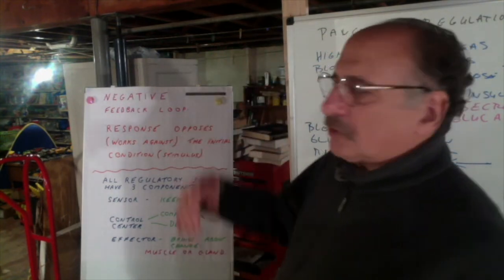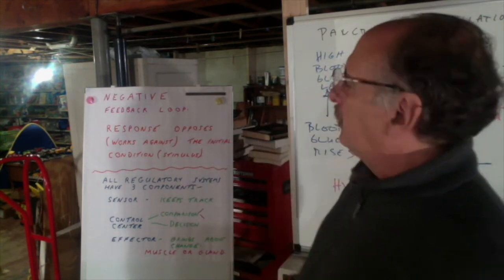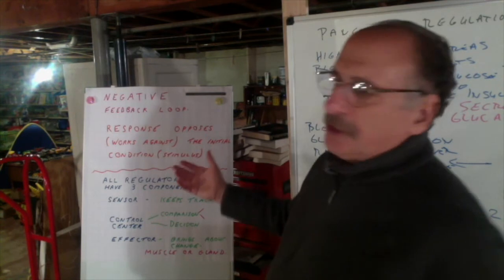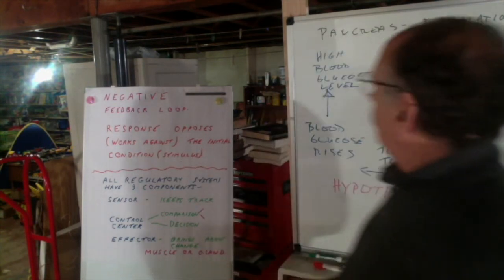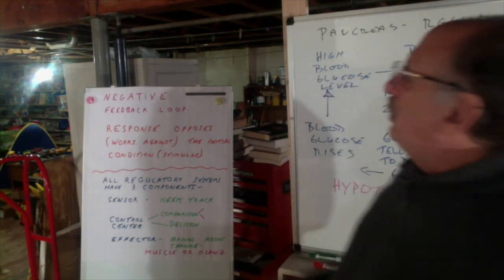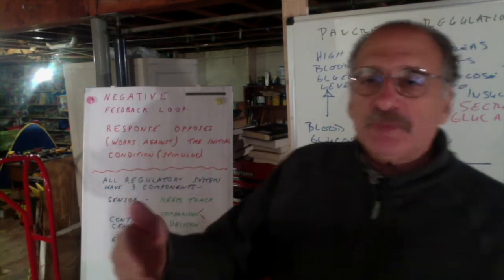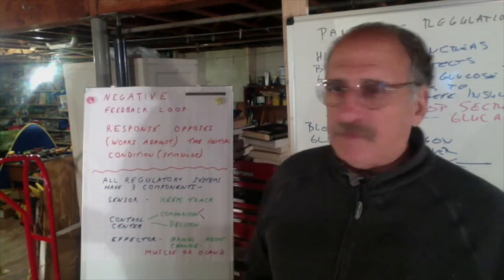It's going to cause a response, and I'll go over this specifically on the board in a moment. That initial condition, now the way I did it on the board, the initial condition was a high blood glucose level. It's going to lead to a series of responses that ultimately lower the blood glucose level.